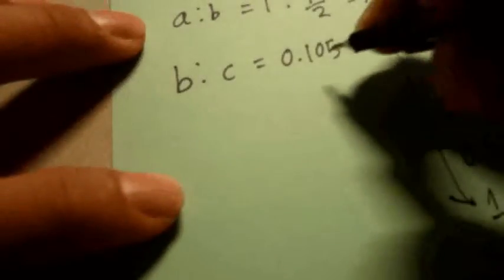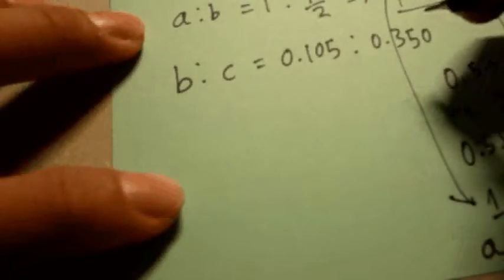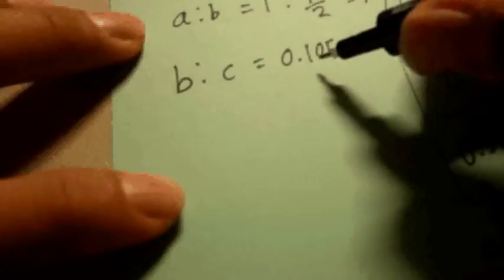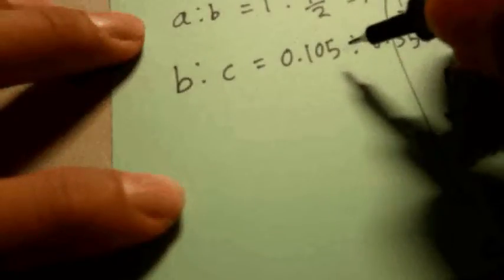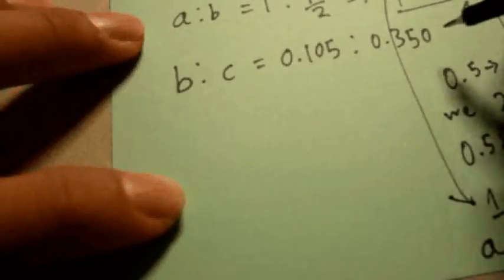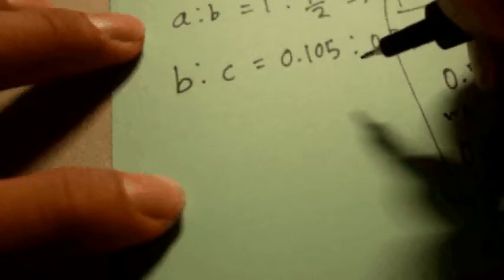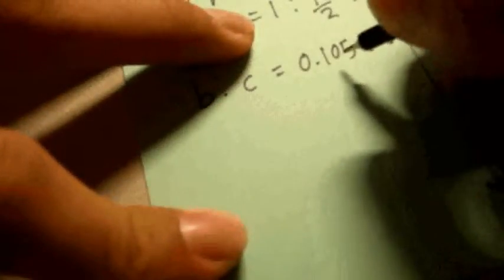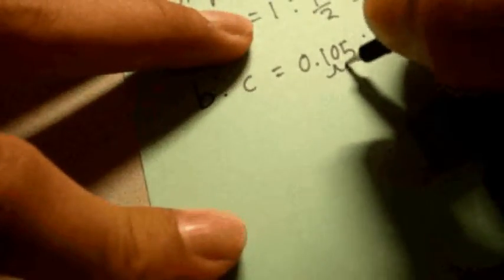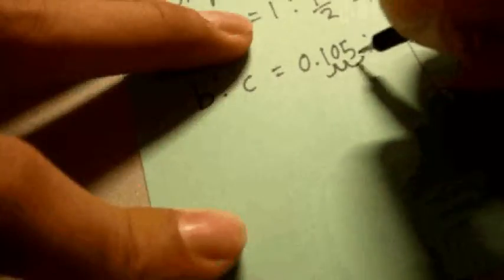Alright, now for B is to C. Clearly they are in decimal form, reaching to the thousandths place. So we times 1000 to them. For 0.105 we times 1000, so 10, 100, 1000, the decimal jumps to here.